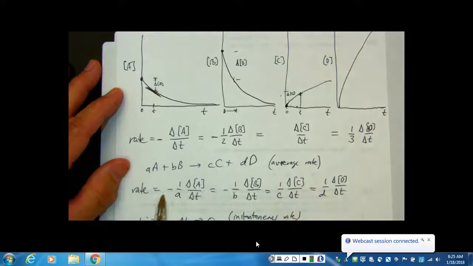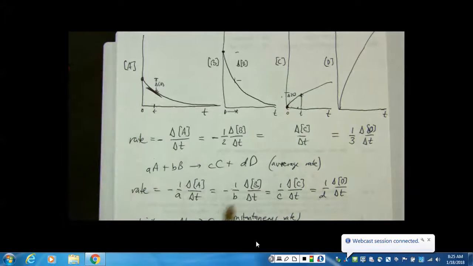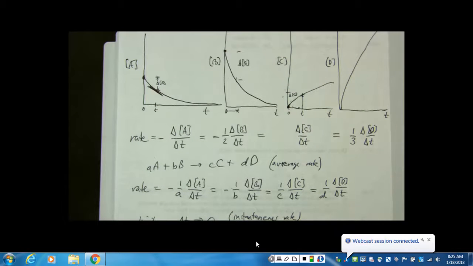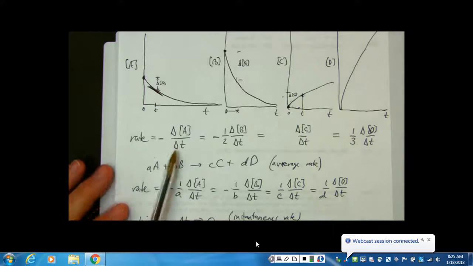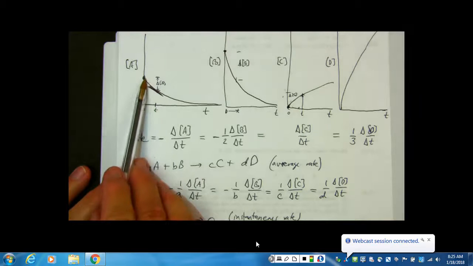All right, so this equation is over some finite time period. And what happens to the rate of a chemical reaction as the reaction proceeds? It slows down. That is correct. Now, graphically, how do I see that the rate slows down? What's the rate here?